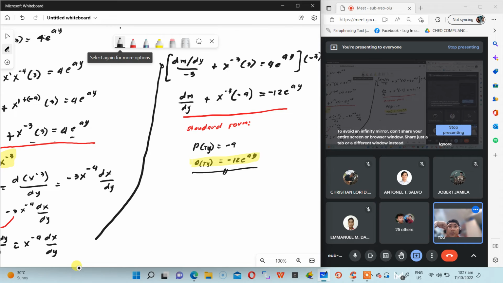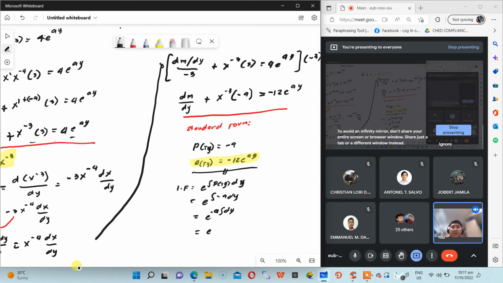Next, what do we need to get? The integrating factor. Good. So e raised to the power of p of y dy, that is, e raised to the power of negative 9 dy.